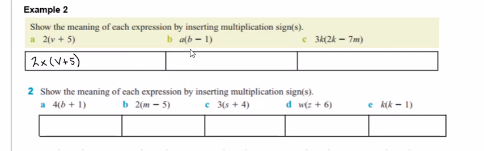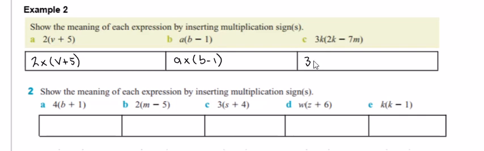In B, again, if you look inside the brackets, we don't need any multiplication signs, but we do need one outside the brackets. So we have a times brackets b minus 1. Now C, there's quite a few places here where we need multiplication signs. Let's start off with the 3.